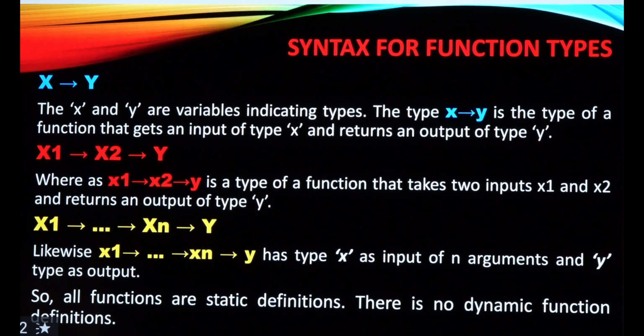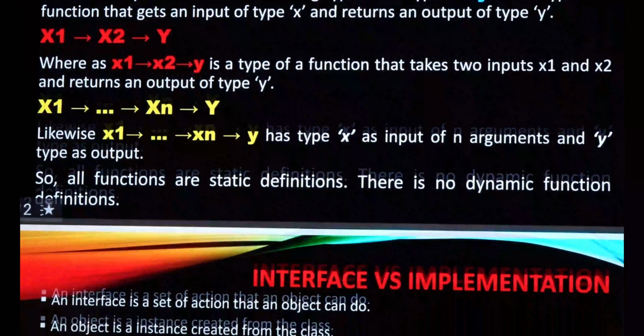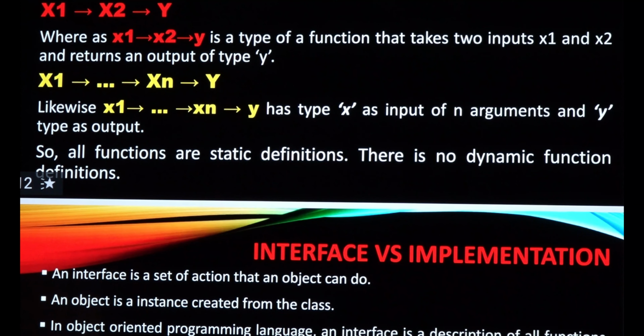Likewise, x1 -> ... -> xn -> y is the type of a function with n input arguments and output of type y. So all functions are static definitions. There is no dynamic function definition.